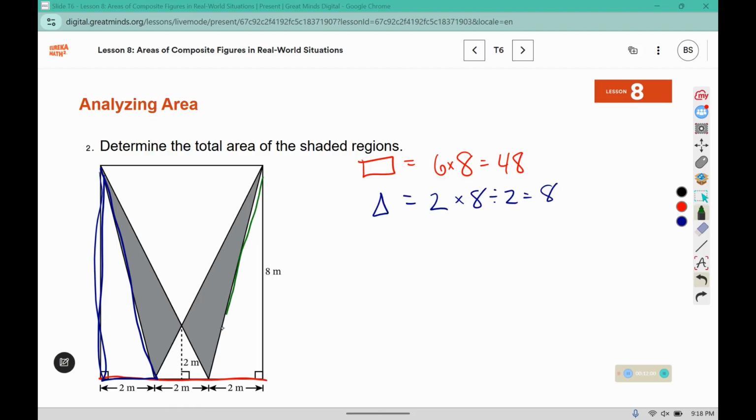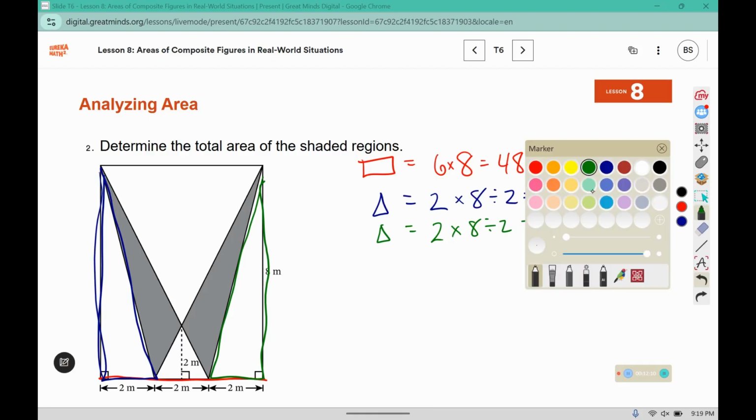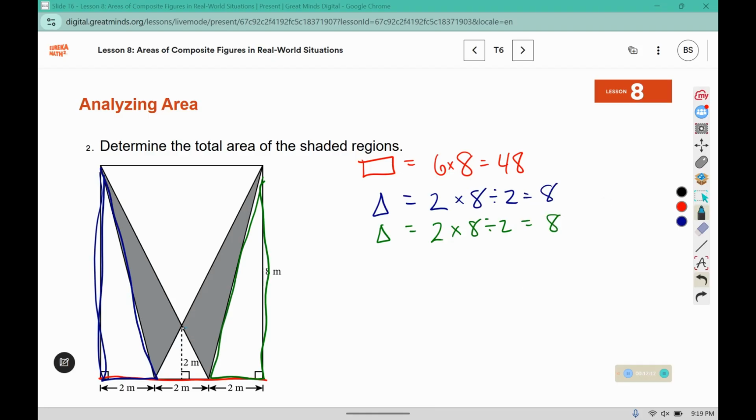This green triangle also has a base of 2 and a height of 8, which has an area of 8. This small blue triangle has a base of 2 and a height of 2. 2 times 2 is 4. 4 divided by 2 is 2.